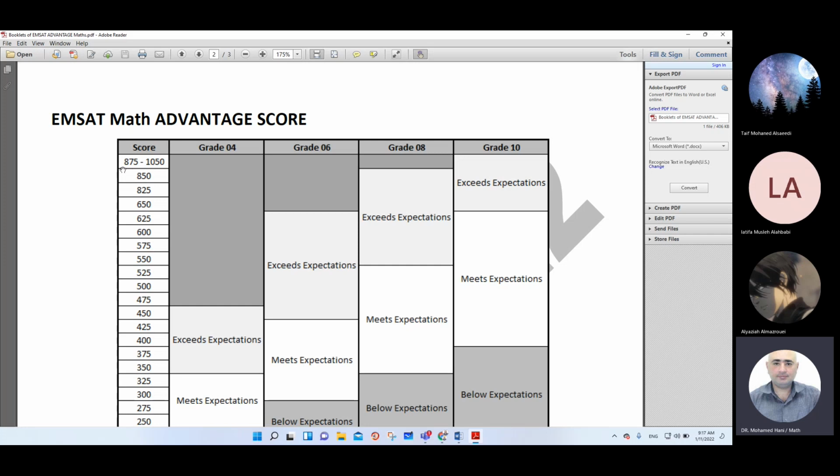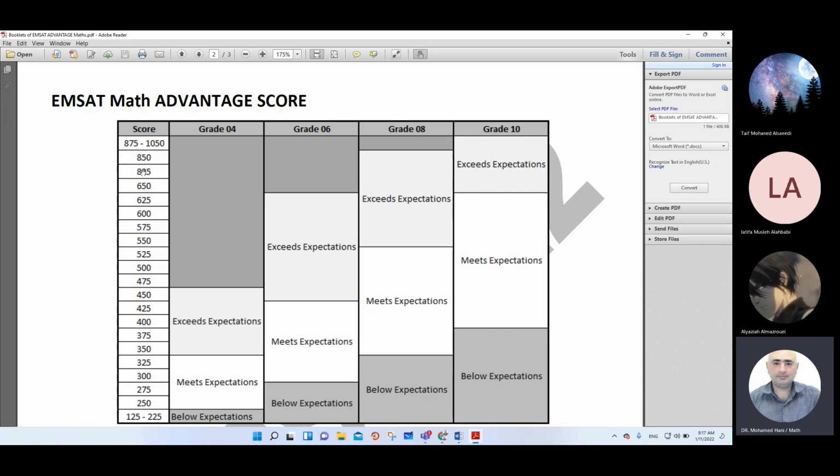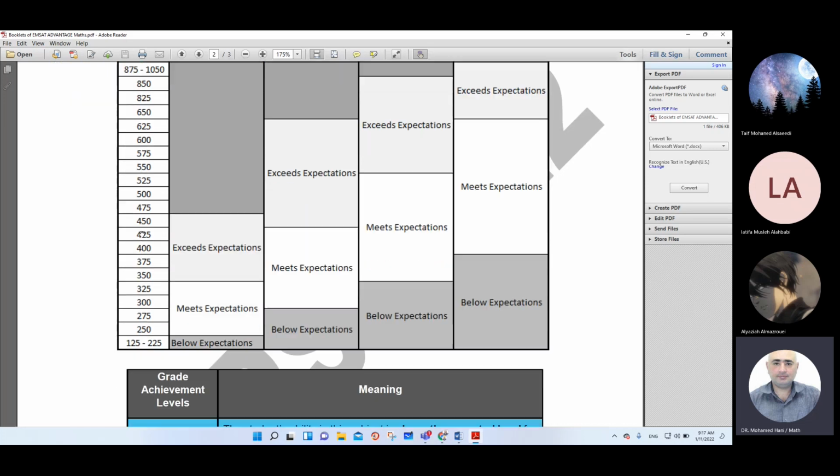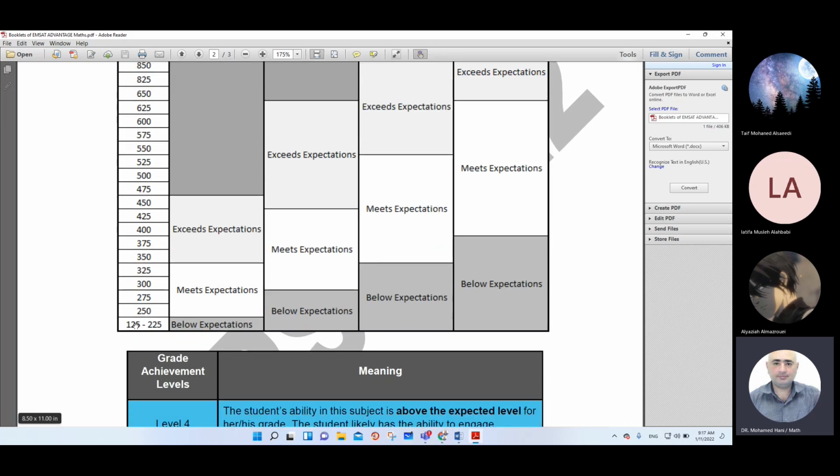If you get between 875 and 1050, it means you exceed expectations. Here we have the average for each mark. If you get between 125 and 225, it means below expectations.